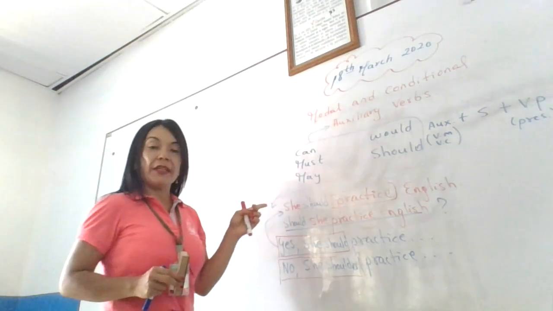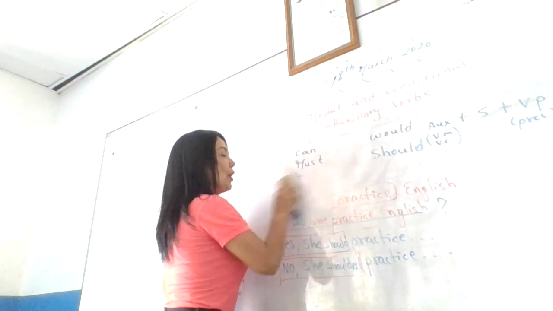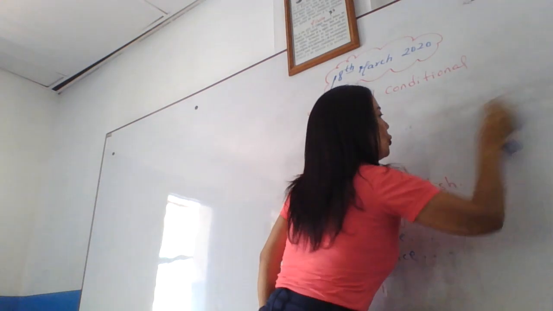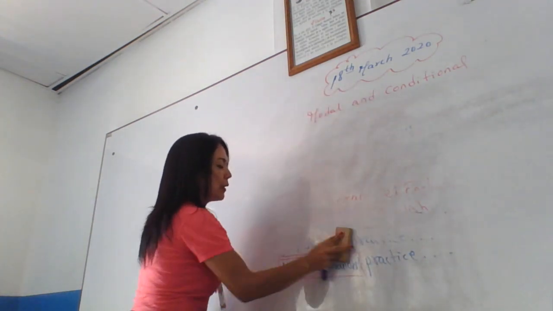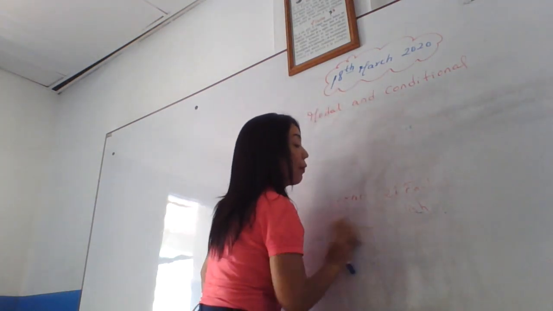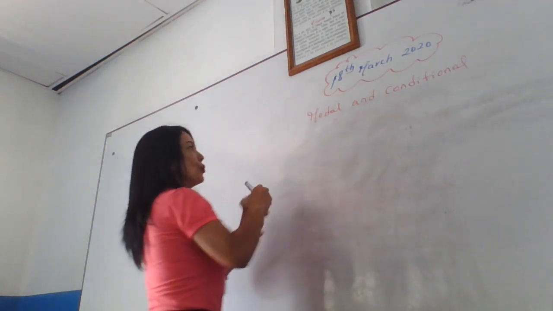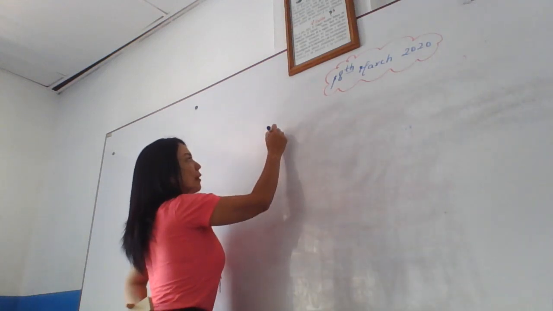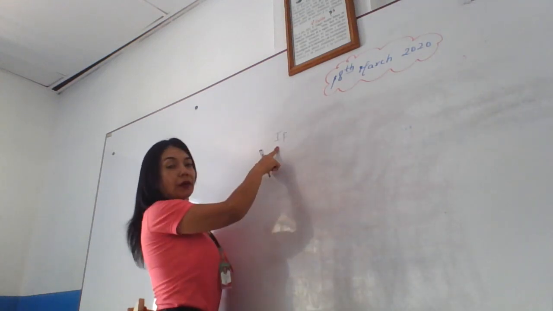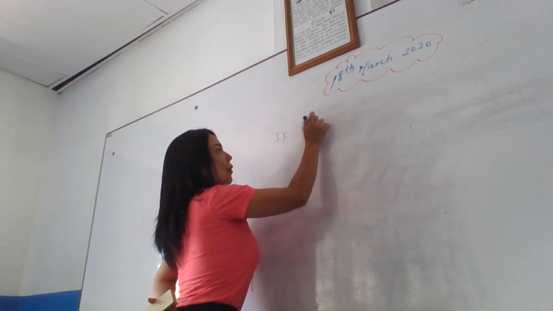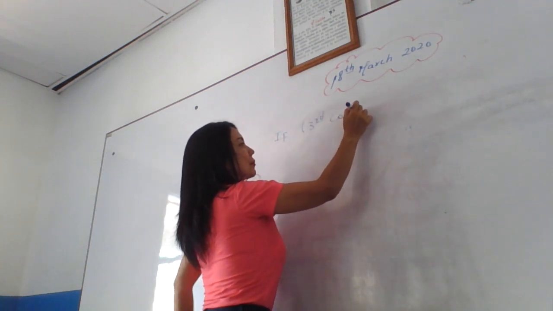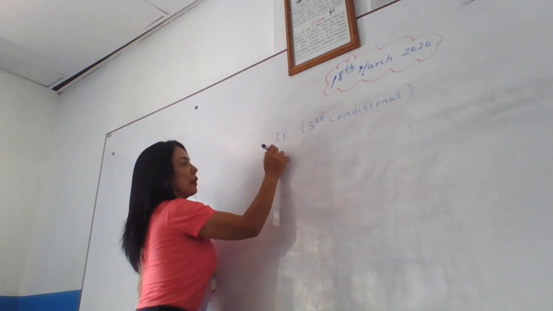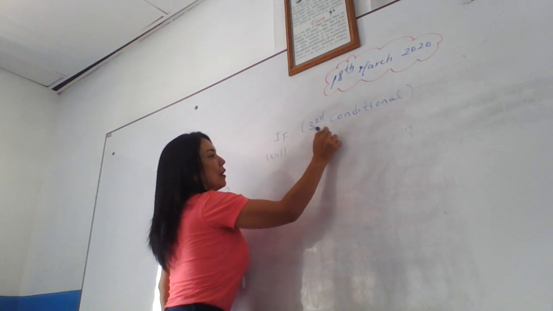We were studying this in class, but now we are going to learn more. I'm going to teach you about the other auxiliaries, you can find the third conditional and the first conditional.